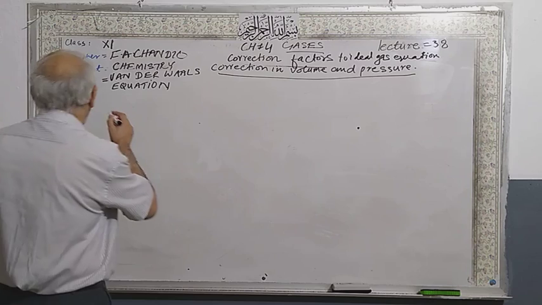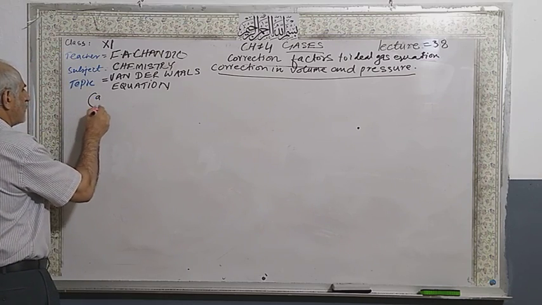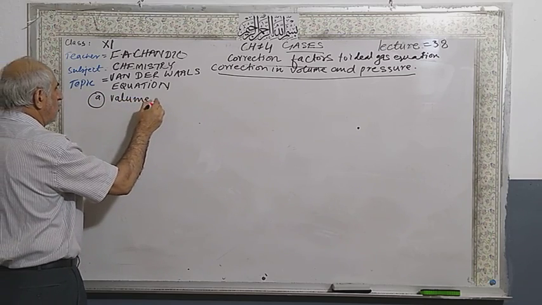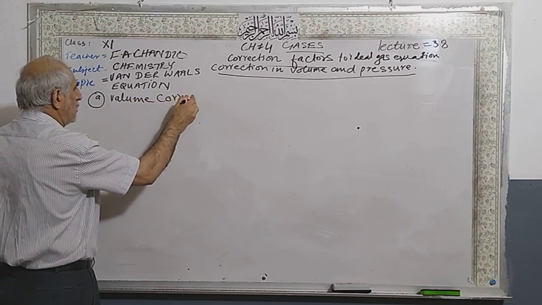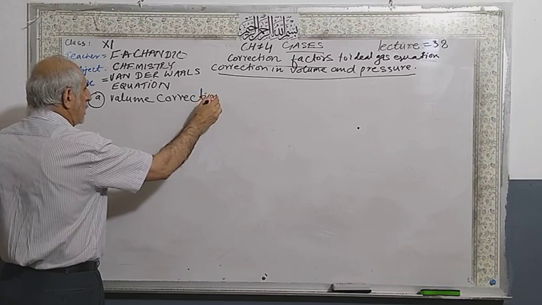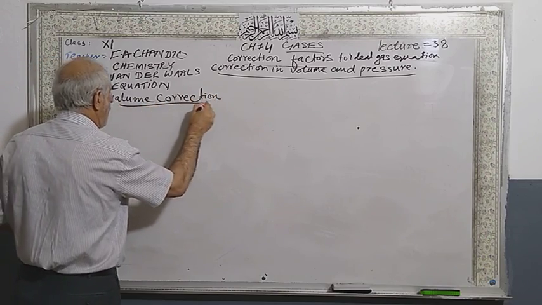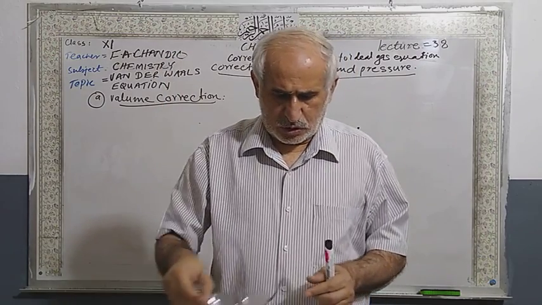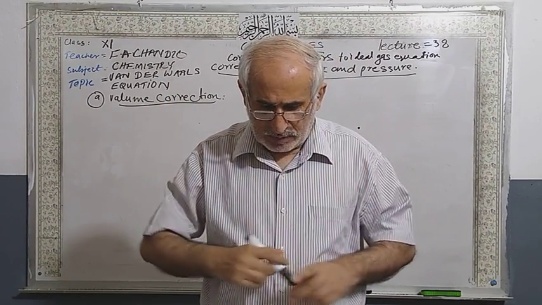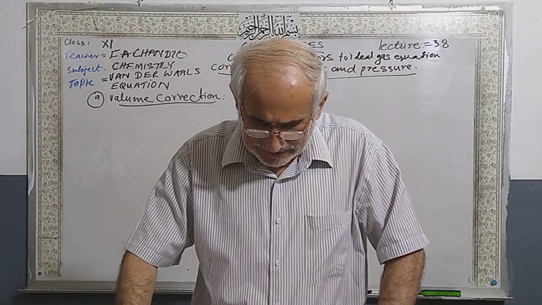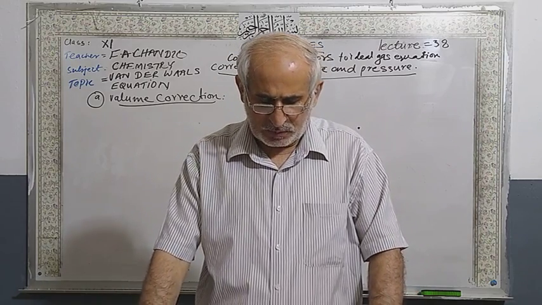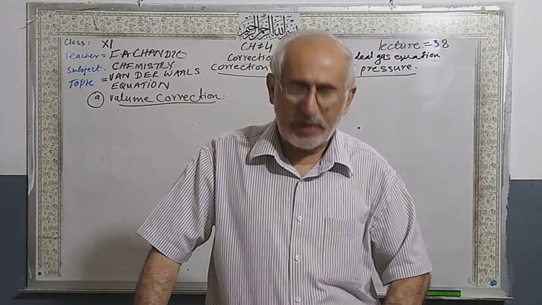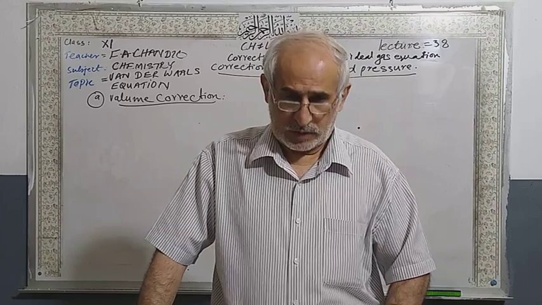Number 1 is volume correction. Van der Waals thought that some of the volume of the vessel is occupied by the molecules of gas, and that volume is not available for the free movement of the molecules.